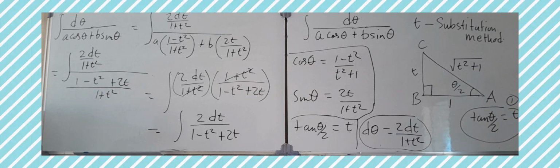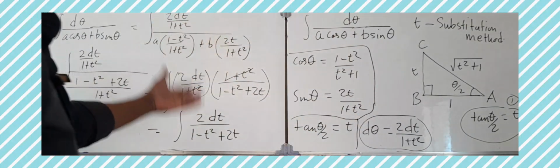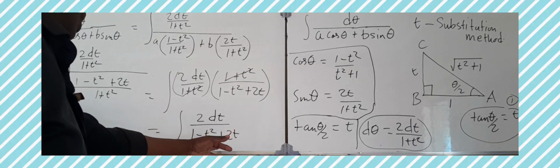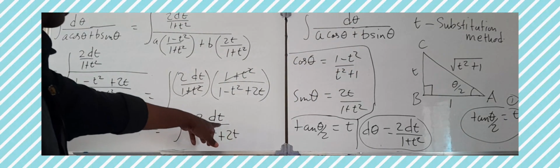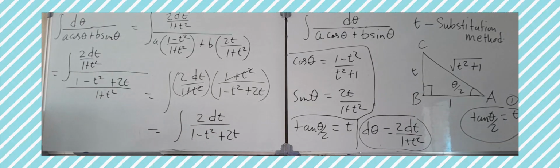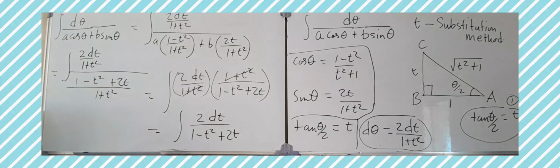Now, what we have done is we replaced all the thetas with something in terms of t, and our d theta was replaced by dt. That completes our change of variable. That's why it's called the t-substitution. So what is left now is to integrate.